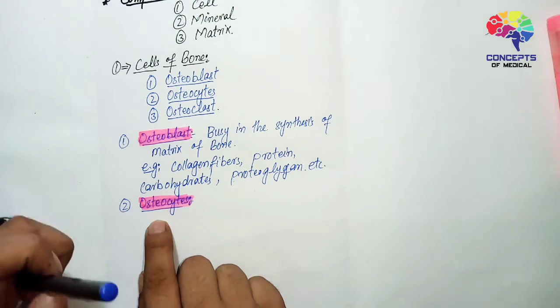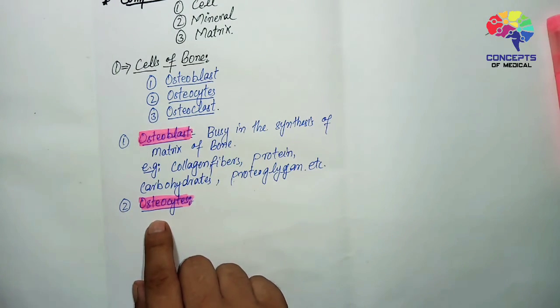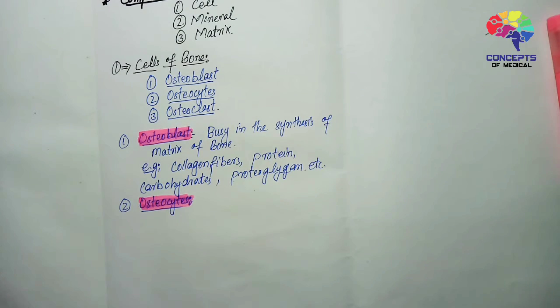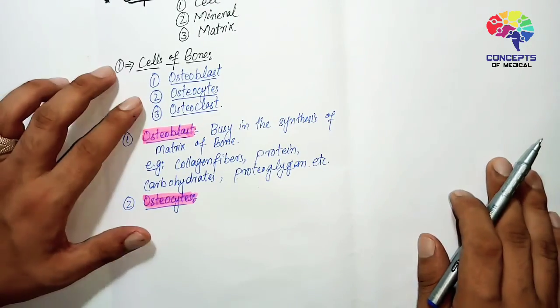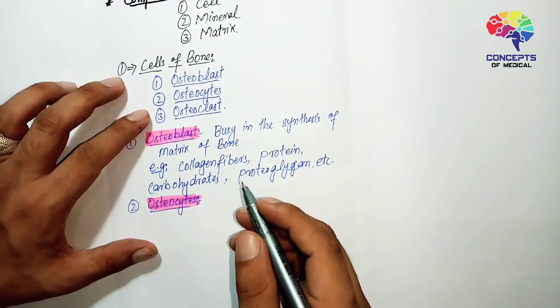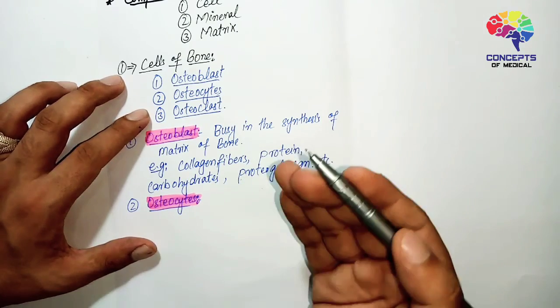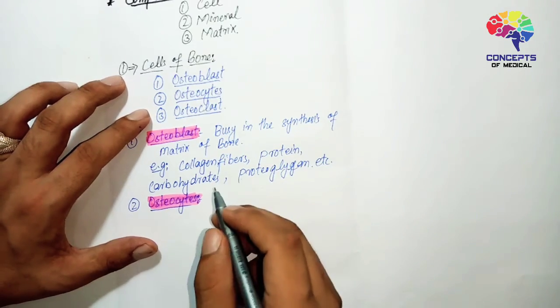You get my point. So osteocytes are actually osteoblasts, but when the osteoblast becomes functionless, it is then called osteocytes. At that time they just play a role in the protection of our bones, right?